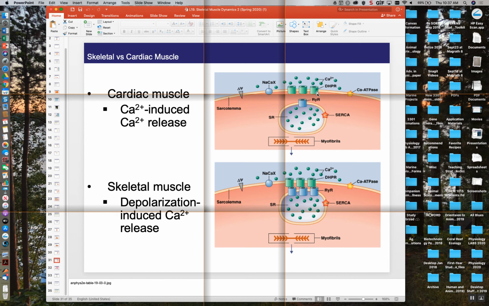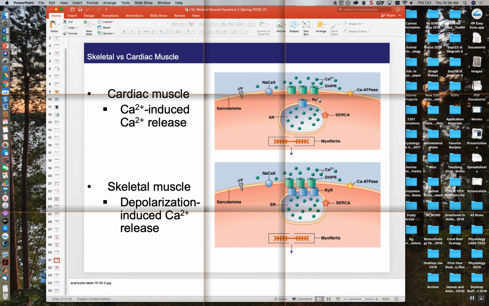As we've talked about before, the dihydropyridine receptors are the voltage-gated calcium channels. So they sense those action potentials traveling down the T-tubules. That change in membrane voltage actually does activate these dihydropyridine receptors, which are voltage-gated calcium channels.